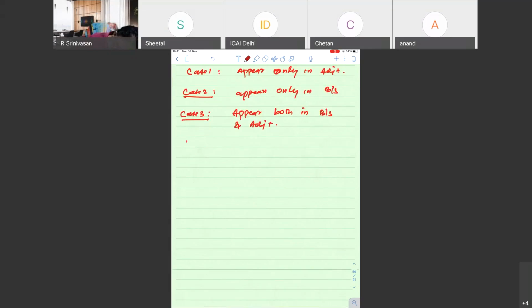So for case 1, what we will be doing: added in operating activity as proposed, subtracted in financing activities as paid. Okay, this is for case 1.